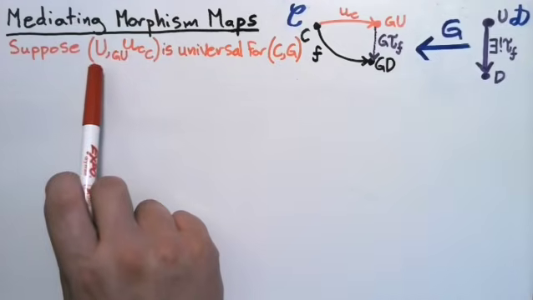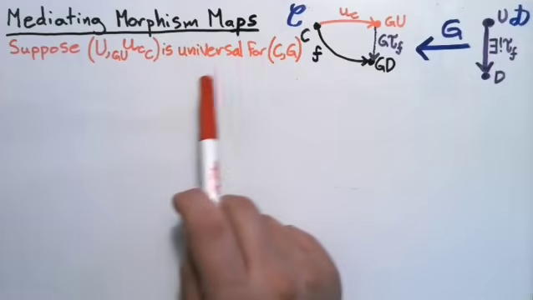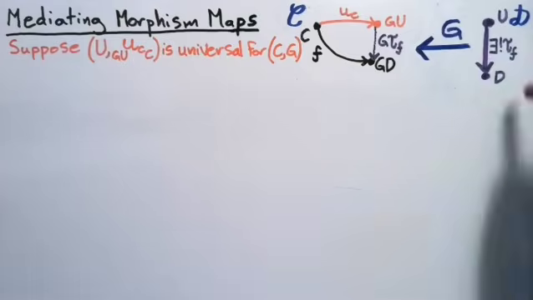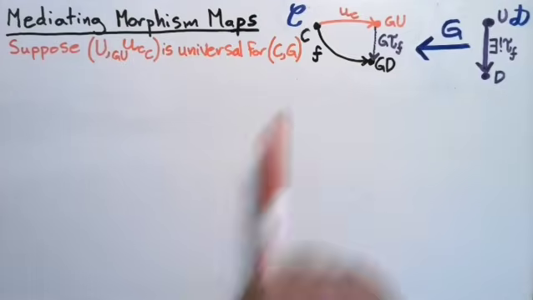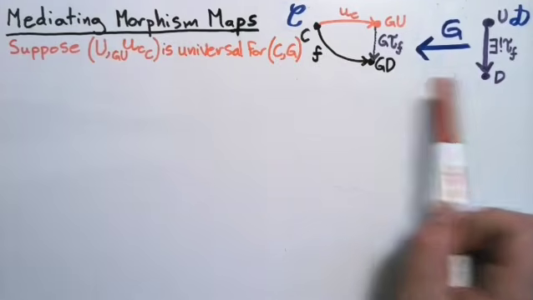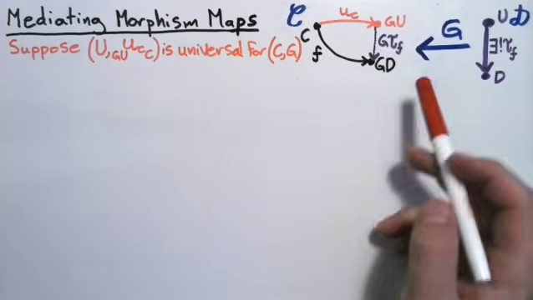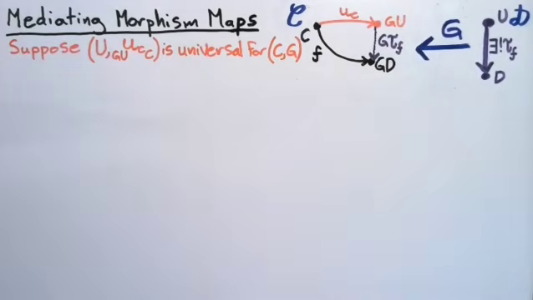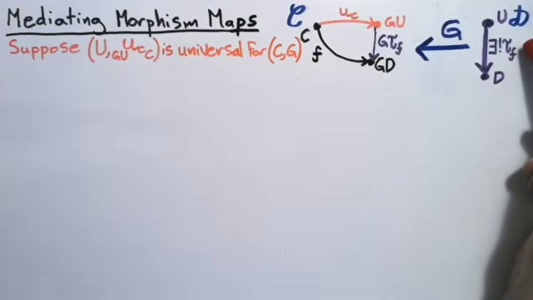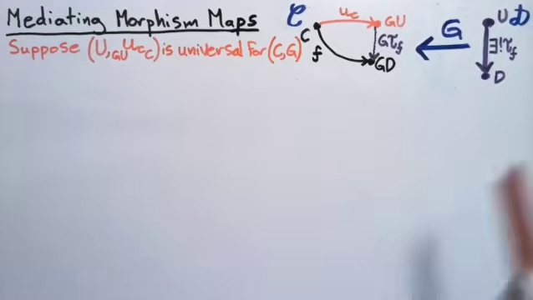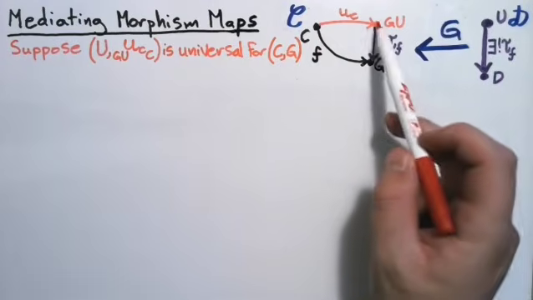So we have the pair (U, u_C) is universal for C and G if for any object D in the category D, when f is a morphism going from C into the image of D under G, so for any G of D and any morphism f going from C into G of D, there is a unique tau of f going from U into D such that this triangle diagram commutes.